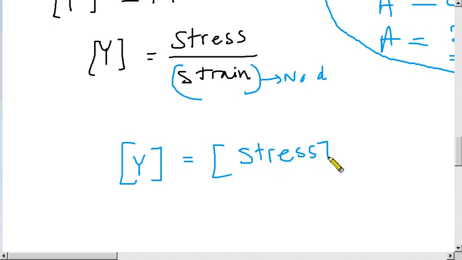Next time you might get this question. This time they asked about work and energy, dimensions of work and energy, so they are equal. So these also have equal dimensions.